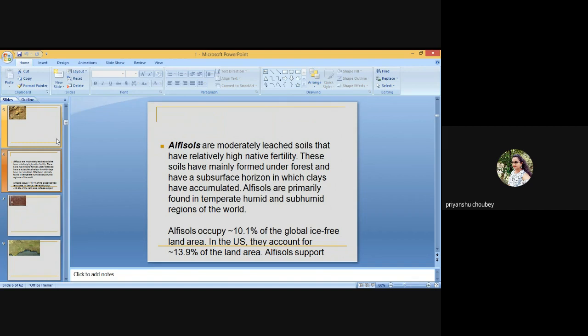They swell on wetting and shrink on drying, developing deep wide cracks and slickensides in the subsurface layer. High clay, varying from 30 to 60%, high EC, and CEC 35 to 55 centimoles per kg. Base rich, calcareous, and the pH varies between 7.5 and 9.5.